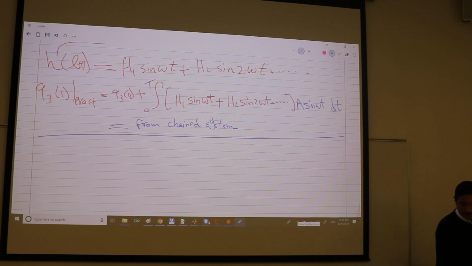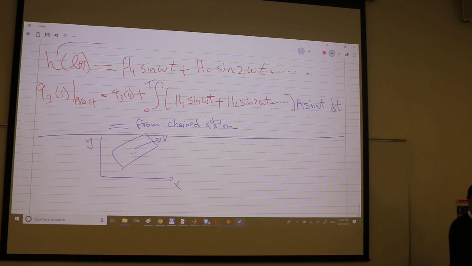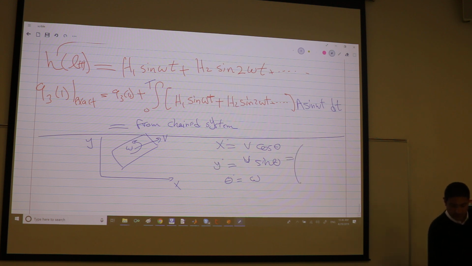So in the homework, I'm asking you to do it for our usual example. We have x, y, and theta. We have v and omega, and we know that x dot is v cosine theta, y dot is v sine theta, and theta dot is omega. This is our example from the very first lecture. So this is cosine, sine, and 0 in v, which is u1, and 0, 0, 1 in omega, which is u2.